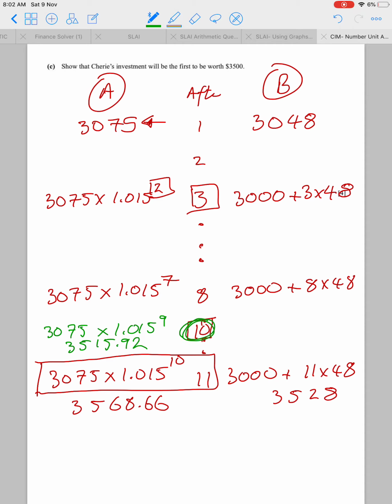So it looks like it's 10 years for this scheme, and let's just try 3,000 plus 10 times 48 is 3,480. So I need 11 years for this side. Okay, so a bit of trial and improvement. I mean, there are other ways you can get to it, maybe by drawing graphs, but I think that's a nice clean way of understanding what's going on.